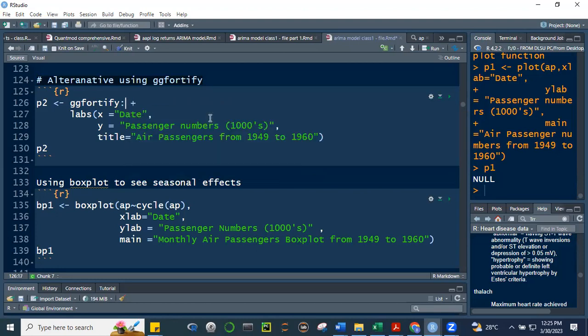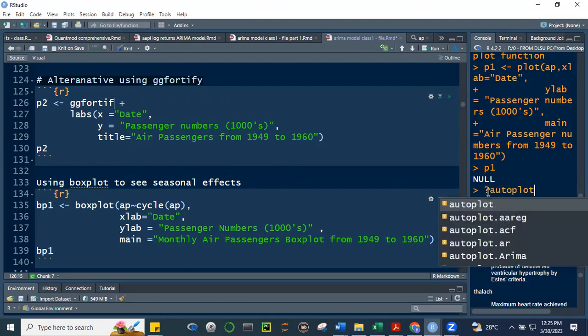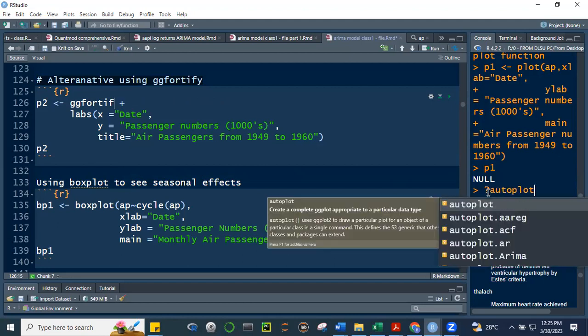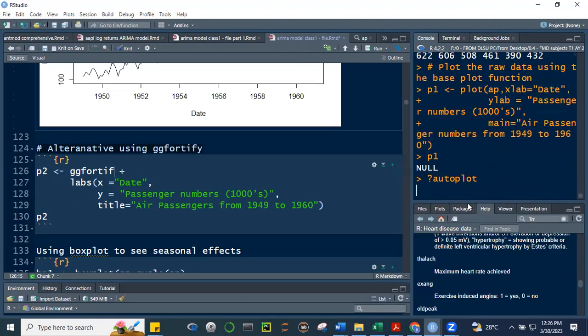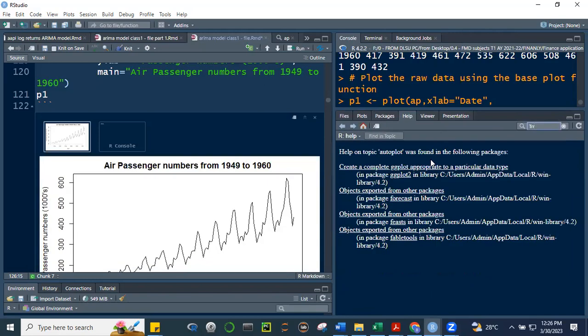Wait. Saan function? Wait sorry baka nagkamali ako. Let me just auto plot. Yan. Anong package to? Autoplot is from... anong package autoplot?